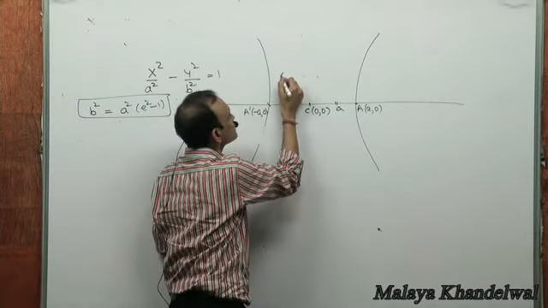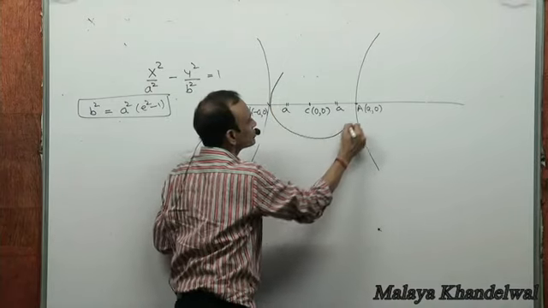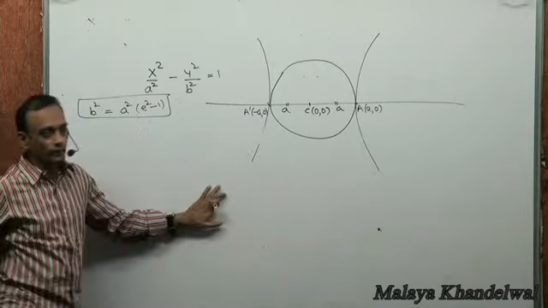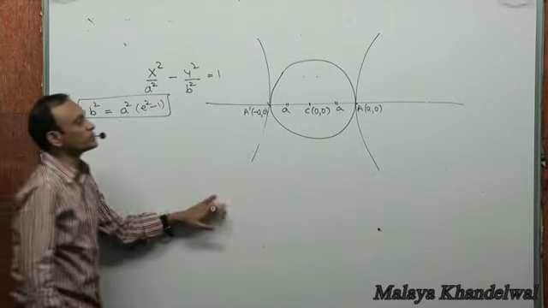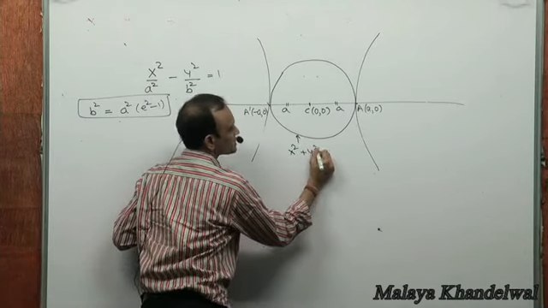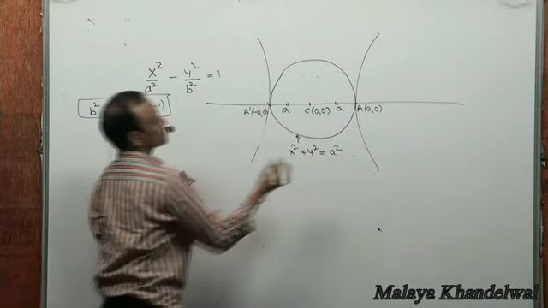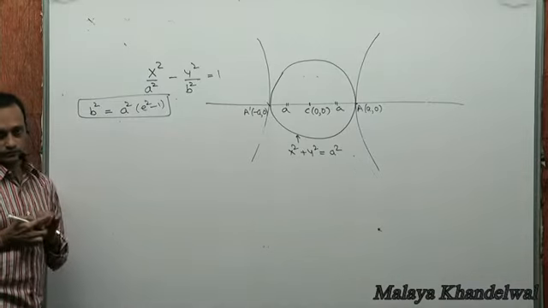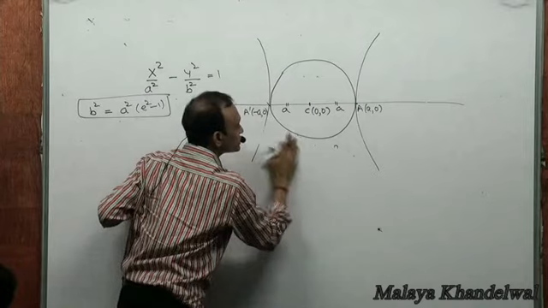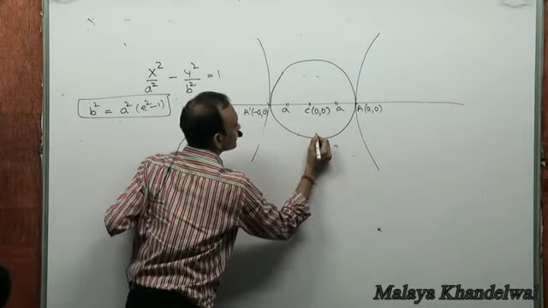With C as the center, if you draw a circle, what's the equation of this circle? x squared plus y squared is A square is the equation of the circle. This circle, let me call it something.